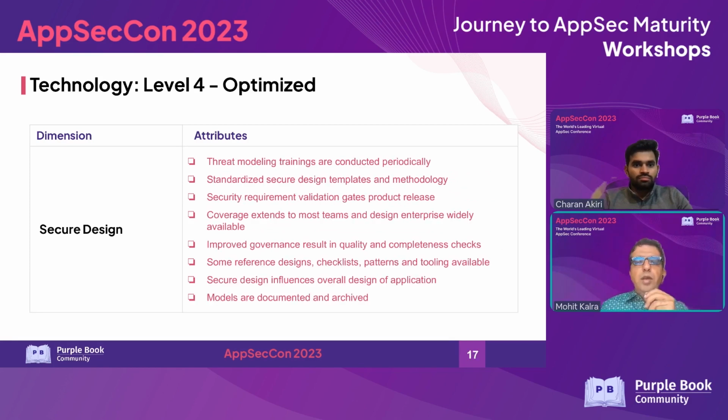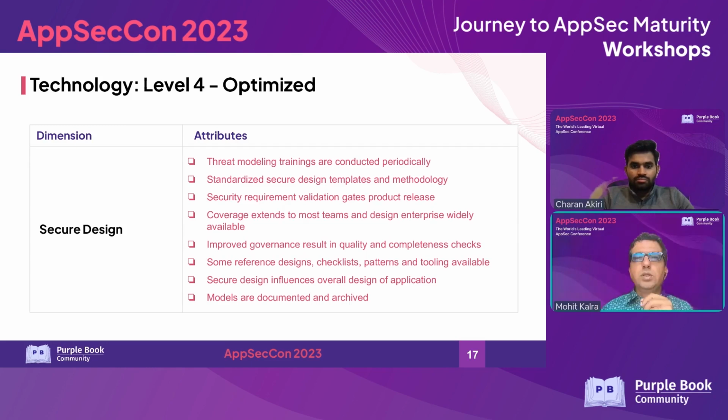So in the optimized level, it's very common to be at level 3 or level 4, but wherever your organization is, at least it allows you to measure where you are and where you need to go next. At this stage, threat modeling trainings are conducted.